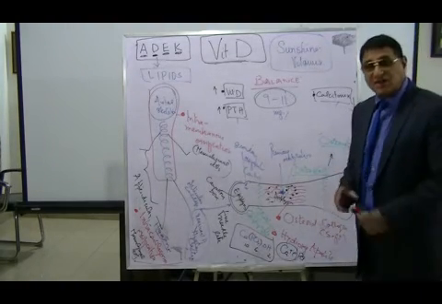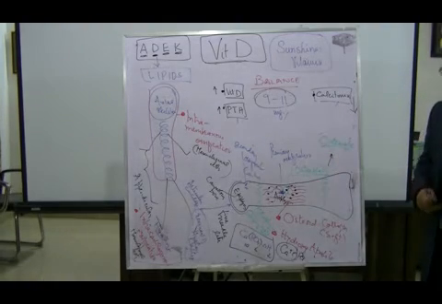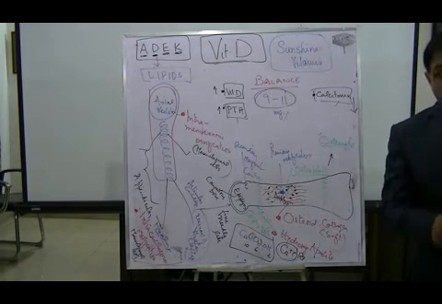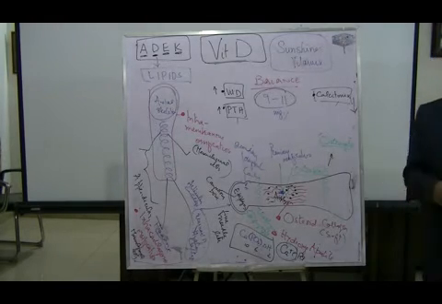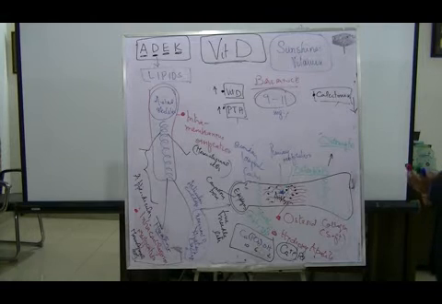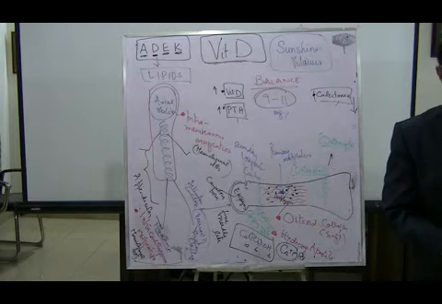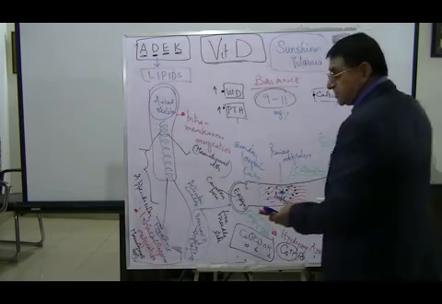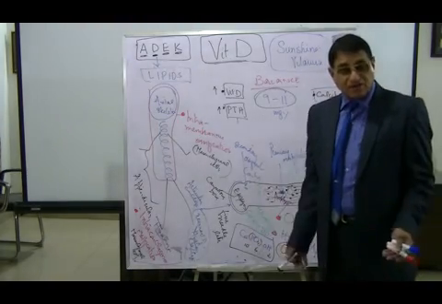So renal rickets is that form of rickets due to kidney disease, because in the kidney 1-alpha hydroxylase is absent.